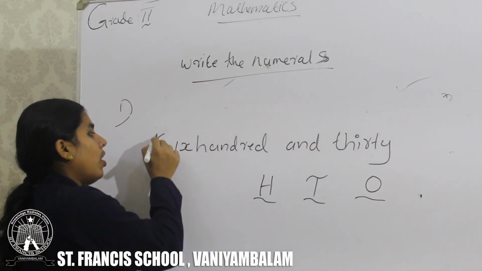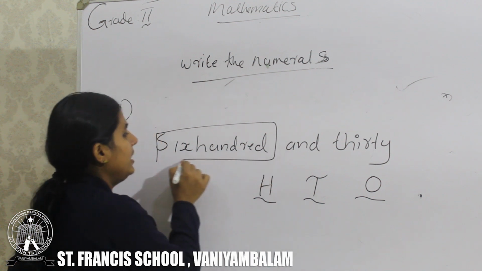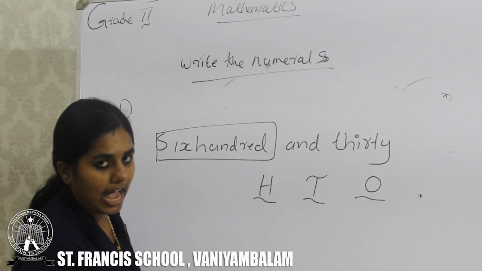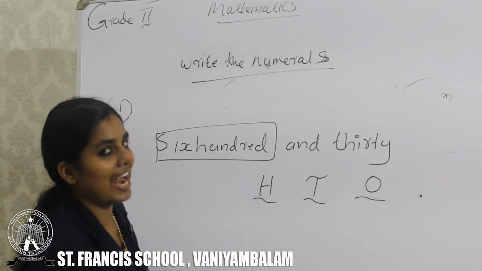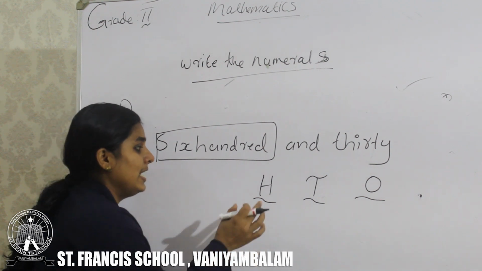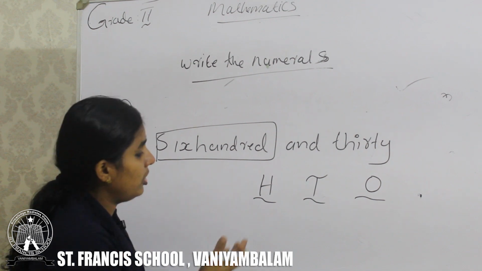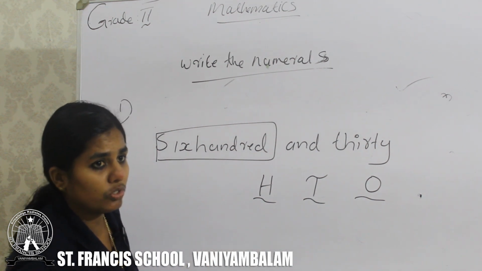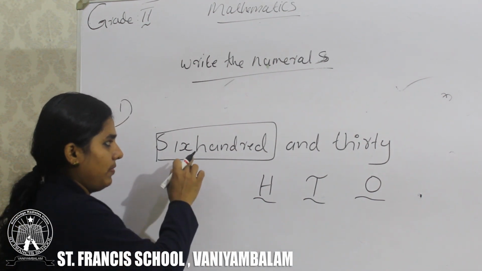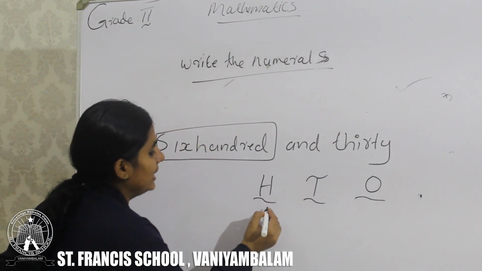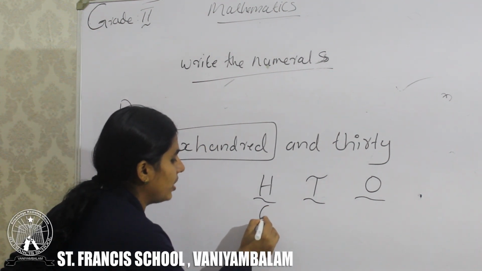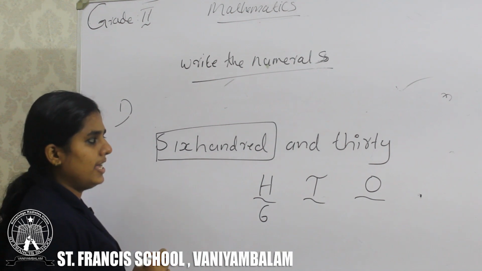That means how many hundreds here? 600. Below this hundreds place, which number do we want to write? 6. Here we have 600.